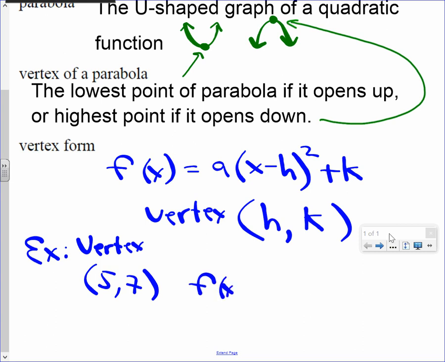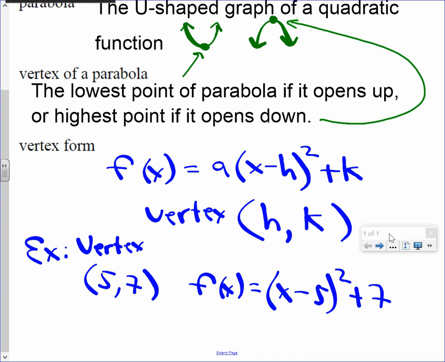Put f of x equals, I'll just make my a value 1, so I'm not even going to worry about a value right now. Just put x minus 5 squared plus 7. I'm just putting a 1 in front of the parentheses, so I'm not even writing it. So if I wanted a vertex at 5, 7, there's the function.